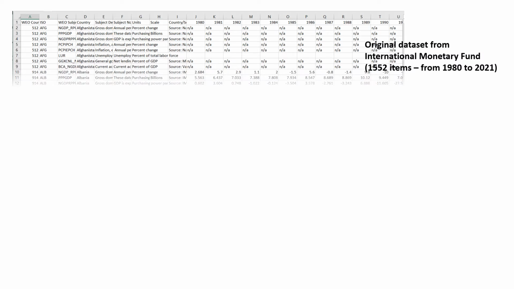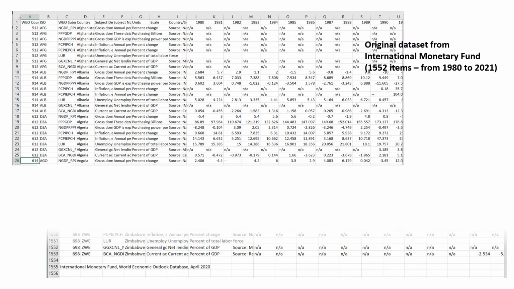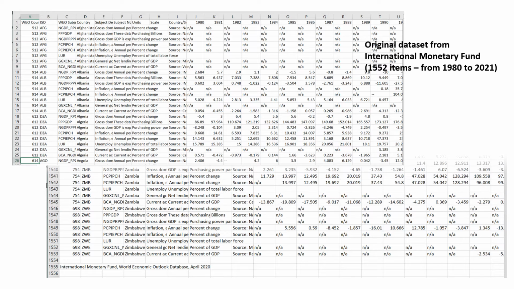Okay, first step is to work with some data set. And after looking for information, I found this data set from the International Monetary Fund. 1,500 items from 1980 to 2021.